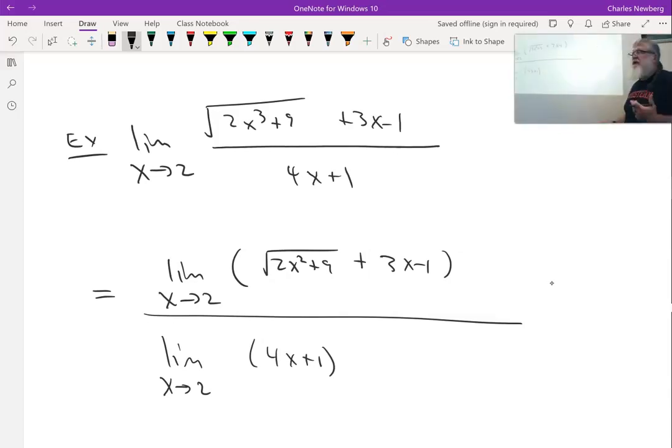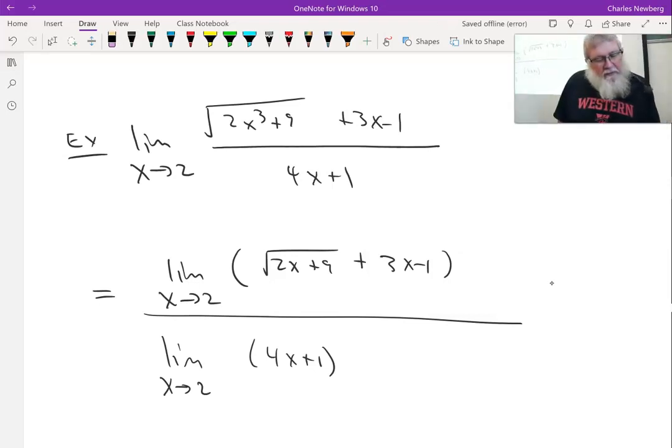So if somewhere along the way one of these does not exist, we got to back up and maybe try something else. We wrote down the square root of x squared, I think it should be x cubed. It should be x cubed. Thank you, Brian.